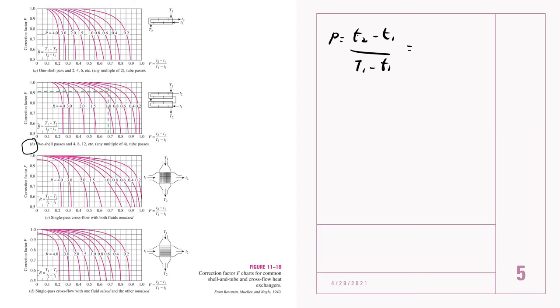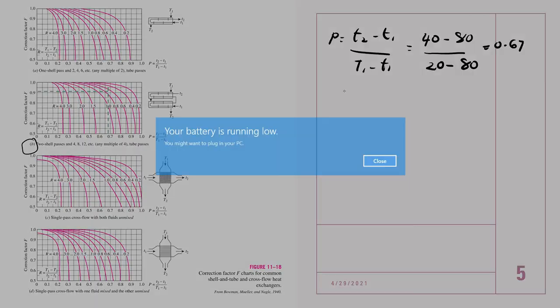So for the small t, t2 is our hot fluid. Our hot fluid leaves the tube at 40 degrees Celsius, minus the inlet 80 degrees Celsius. The inlet of the cool fluid is 20 degrees Celsius, minus the inlet of the hot, 80 degrees Celsius. We will get 0.67 for P.